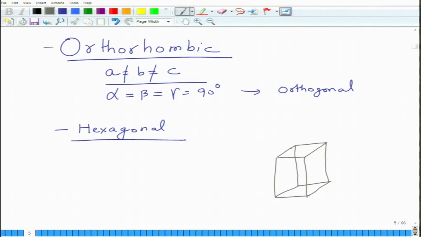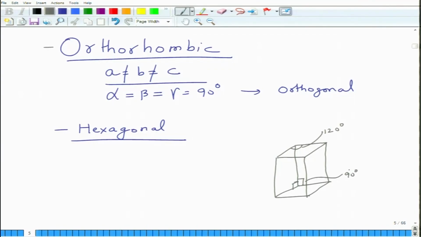This angle here is 120 degrees, and these other two angles, this angle and this angle, are 90 degrees.